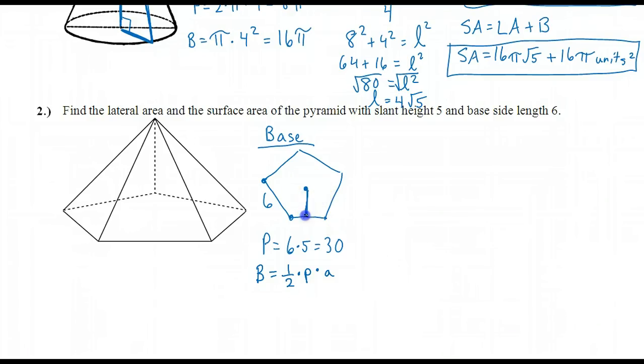I'm going to make my apothem a part of a triangle. And that triangle is going to be a right triangle made up of the apothem and this length and this hypotenuse. Well, this length is going to be half of my side length, 3. In order to find my apothem, I need to figure out this angle.